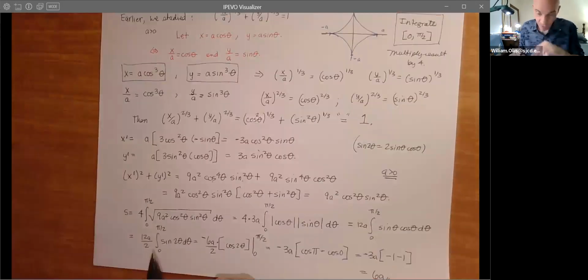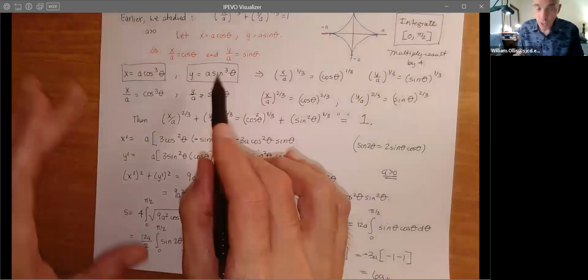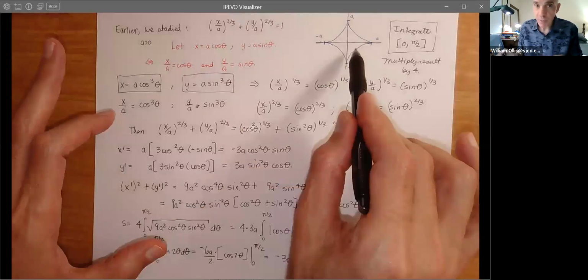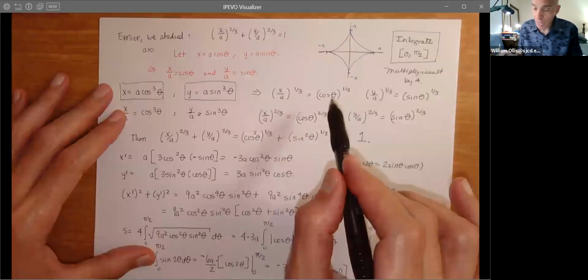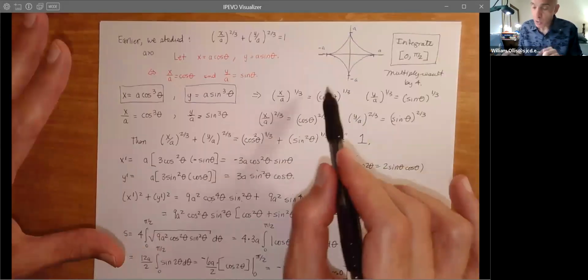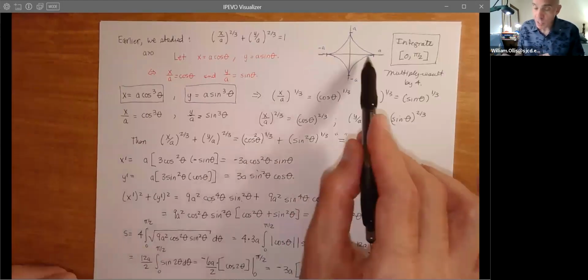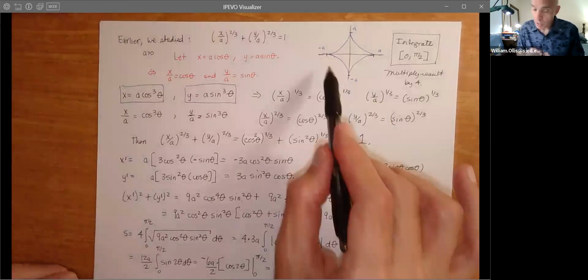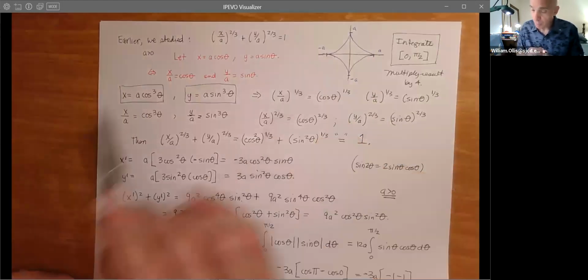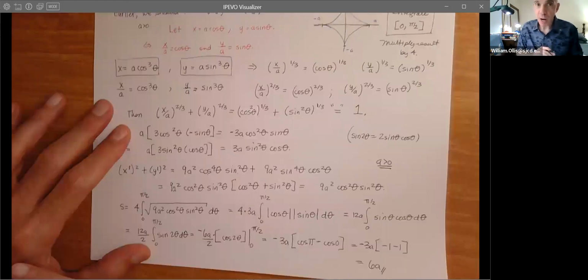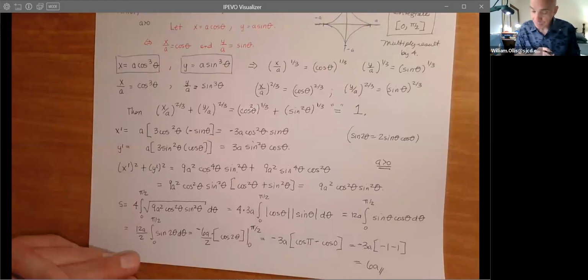If you were stuck with this and you didn't make the connection to here, that would be unfortunate because again, you have to make sure that you understand what the curve is doing, especially where it is smooth, where it is not smooth. So that's what occurred to me when I thought about this, and I wrote this up in the lecture notes. This is a very nice problem. Nice problem for a final exam.